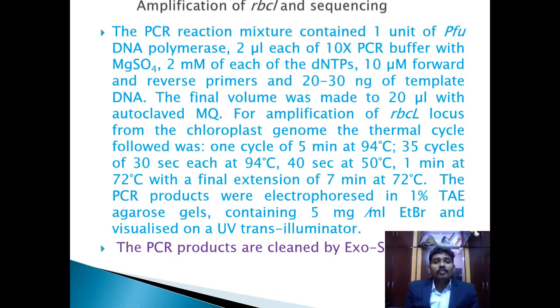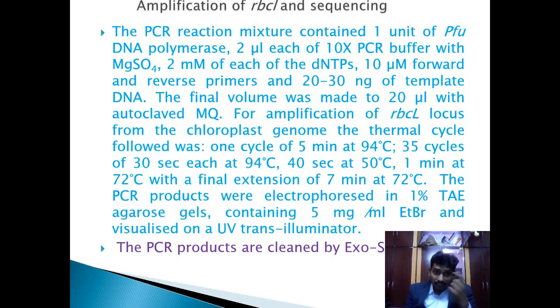The PCR reaction mixture contained 1 unit of DNA polymerase, 2 ml of 10x PCR buffer with magnesium sulfate, 2 millimolar of each of the dNTPs, 10 mM of forward and reverse primers, and 20 to 30 nanograms of the template DNA. The final volume was made up to 20 ml with autoclaved MQ water for amplification of the rbcL locus from the chloroplast genome.